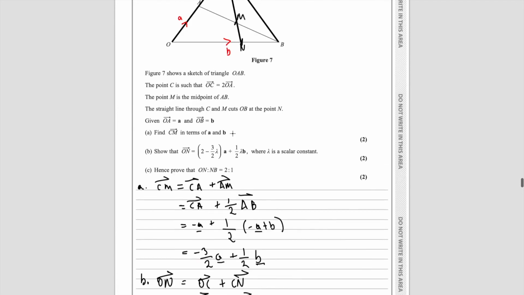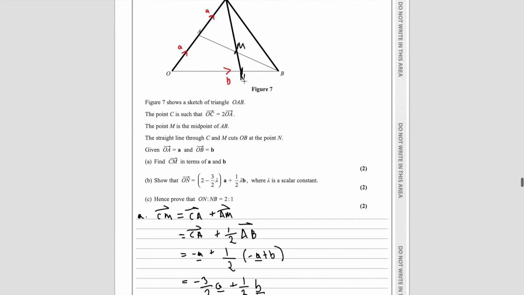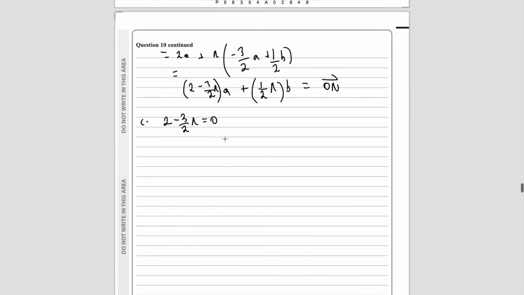We know that because for OB, the vector that we're considering in this case is B only. A is a completely different vector that we aren't considering for this particular vector here. So we know that 2 minus 3 over 2 lambda is going to equal 0. And from that we can see that 2 is going to equal 3 over 2 lambda, and that makes lambda 4/3.